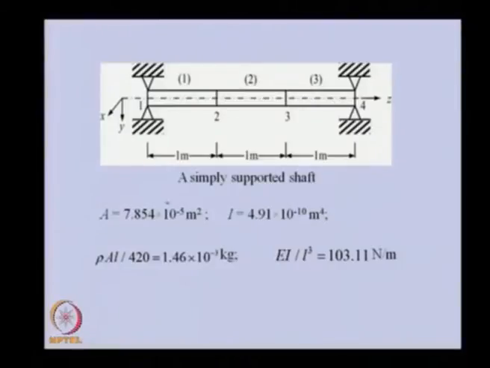With these given properties, we can obtain further properties like area and second moment of area of the shaft, and for the beam element we will obtain the mass property. This will be required for the mass matrix, and this will be required for the stiffness matrix.